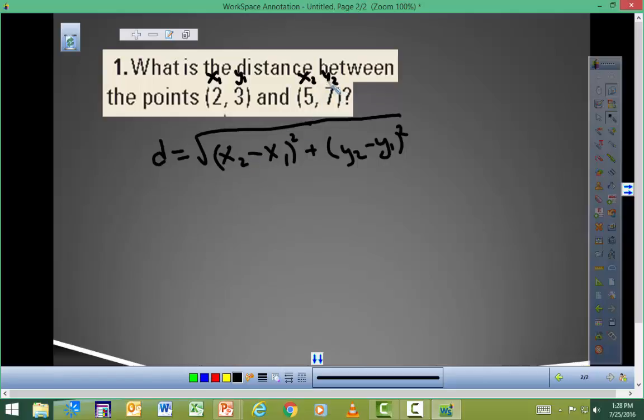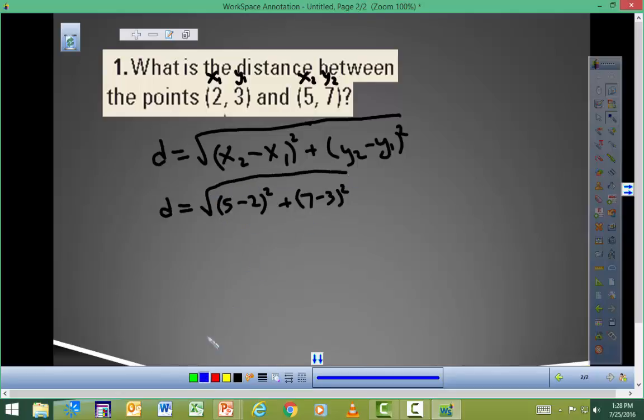So continuing, we get 5 minus 2, we square that. We add that to 7 minus 3, and we're going to square that. And then we just need to take the square root of all that business.